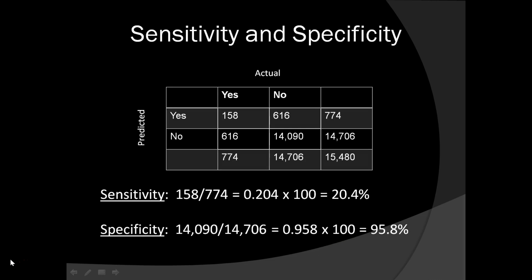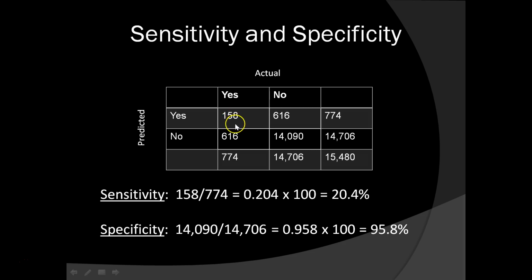Let's go over sensitivity and specificity in a little more detail. In this study, you have 15,480 members. Of these, 774 ended up having the given condition. Of the 774 that had the condition, only 158 were actually identified correctly, where the model said these people are at high risk and have the condition.